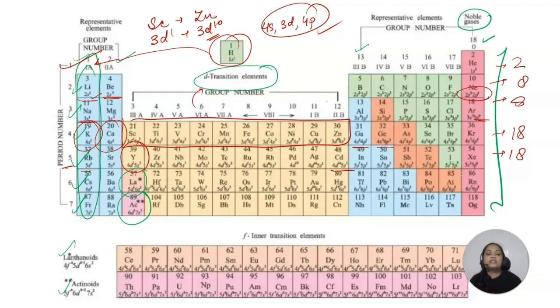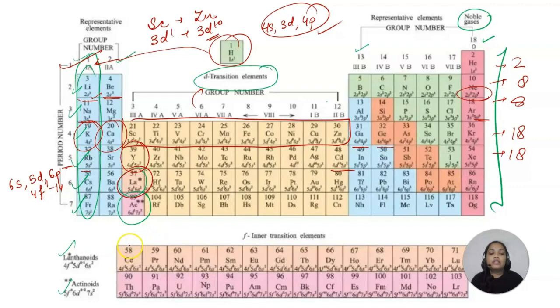Now if you look at the sixth period, 6s is filled here. Of course 5d and 6p will be filled, but in addition to this, the 4f orbitals come here, and 4f orbitals are filled in the sixth period from 4f1 to 4f14.